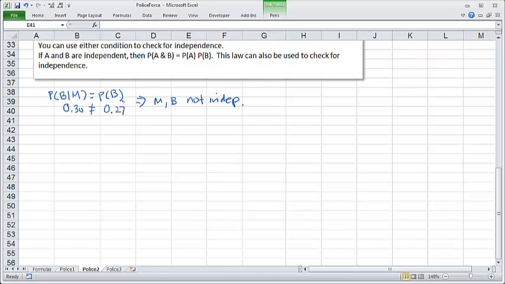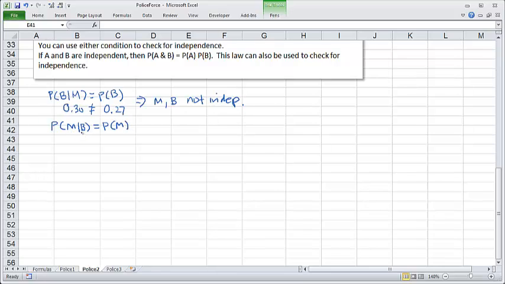Now that's enough to show that the two events are not independent. But just as a demonstration, I will also check it the other way. So M given B, is this the same as the probability of M?